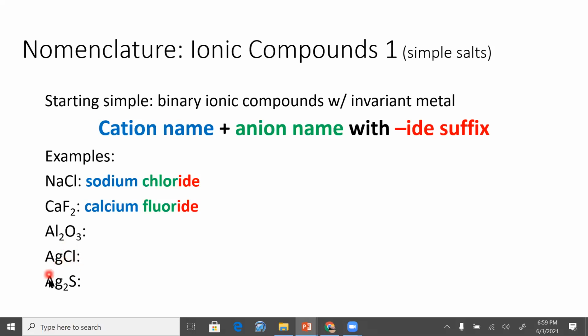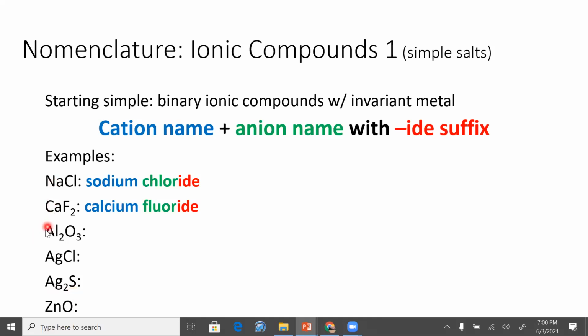Good. And what would the last one be? We have a couple of them in there. Silver sulfide, right. Oh, I had one more. ZnO, what do we think that one is? Zinc oxide, good.